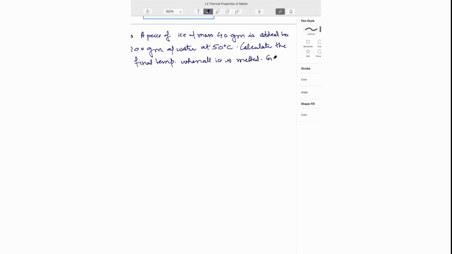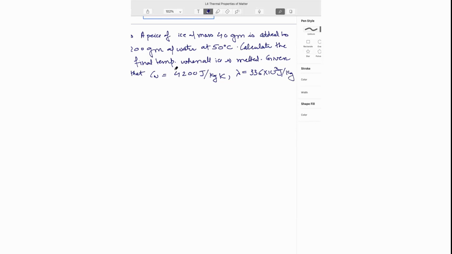Given that the specific heat of water is 4200 joule per kg Kelvin, and lambda for the phase change is 336 into 10 to the power 3 joule per kg.